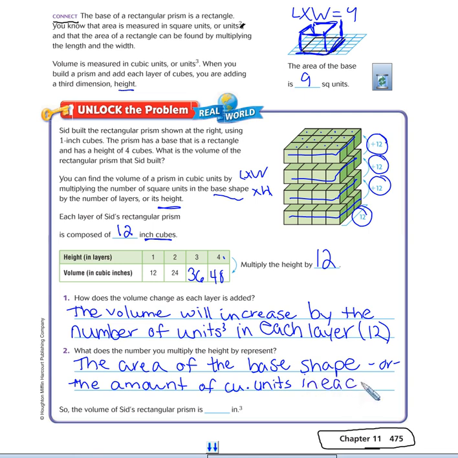And when I'm talking about one layer, the way to find that is length times width.